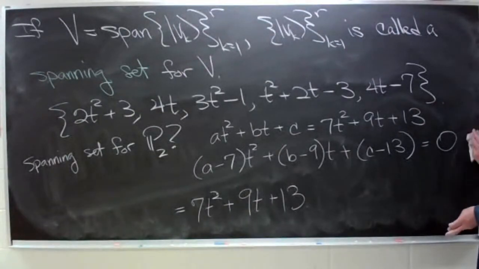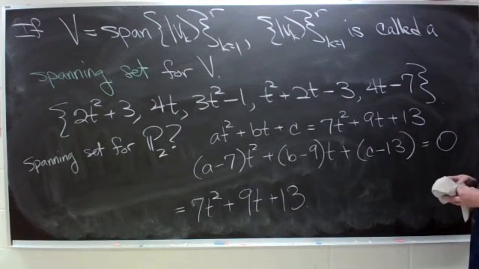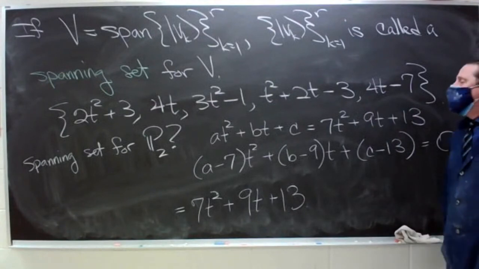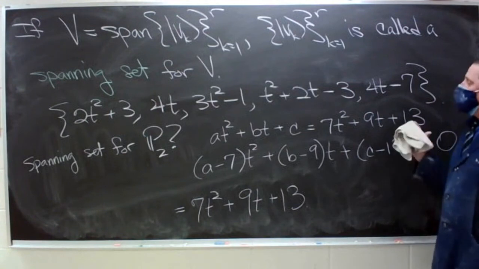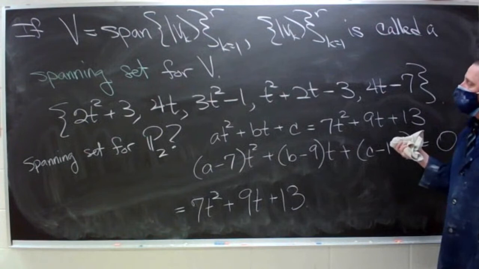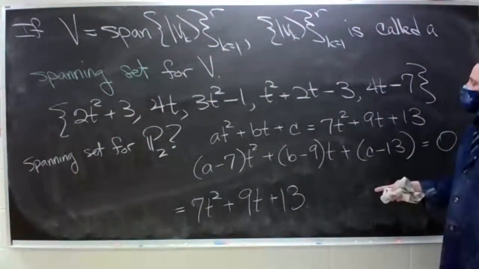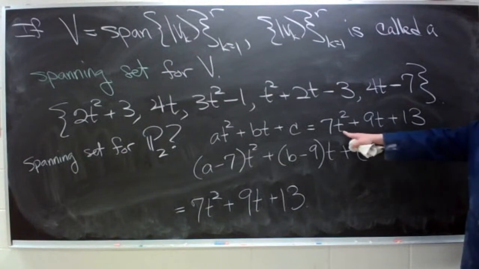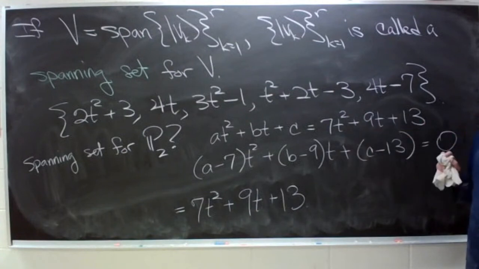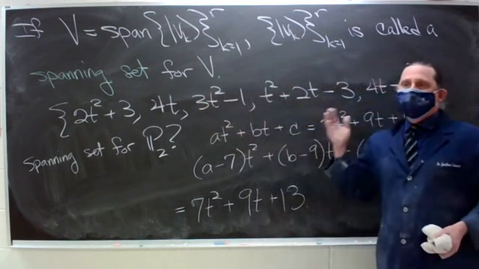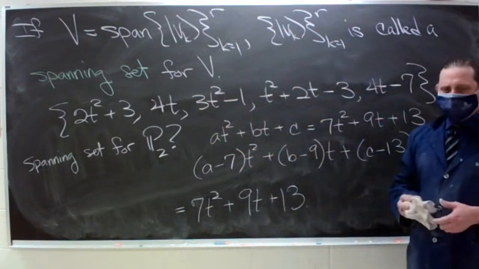Okay? So what we're looking at here is whether or not we can get every vector in P2 as a linear combination of these 5. Clearly, we can get every vector in P2 as a linear combination of just t squared, t, and 1. So it seems like we don't need all of these. Does that make sense?